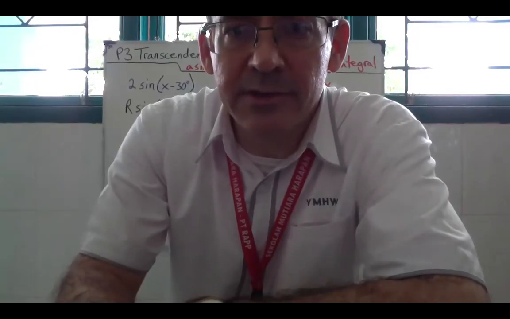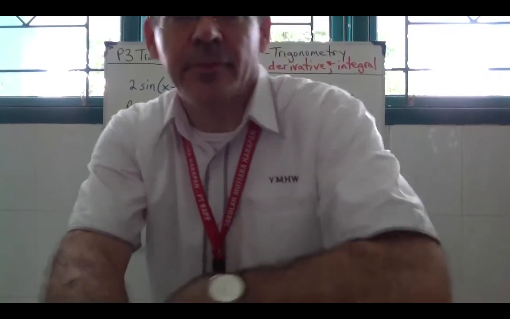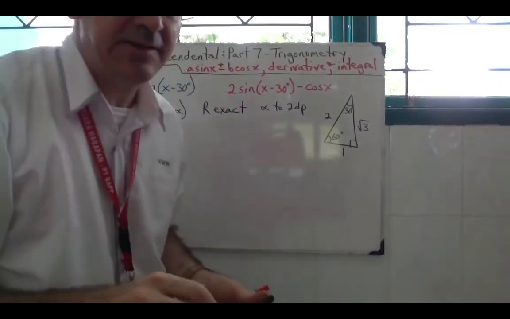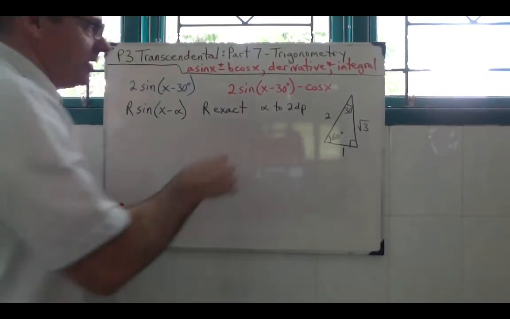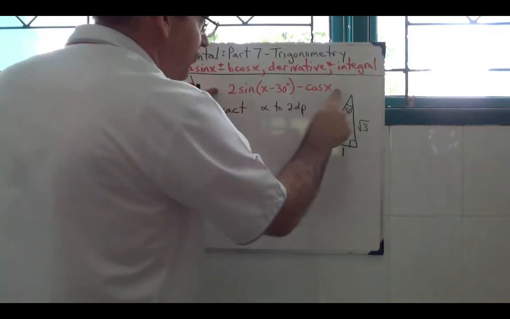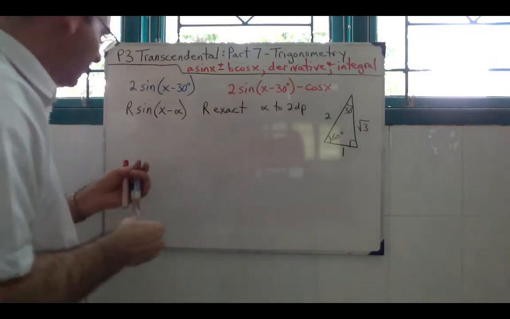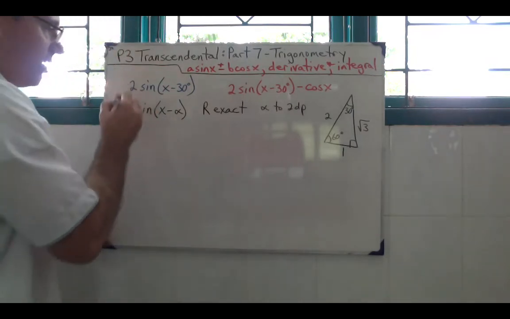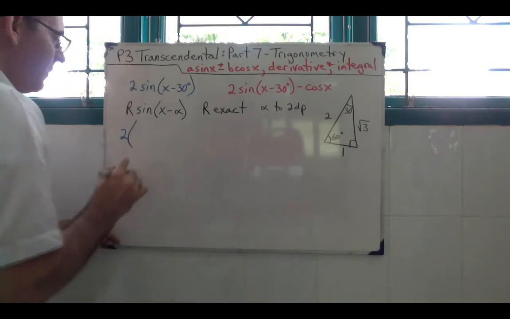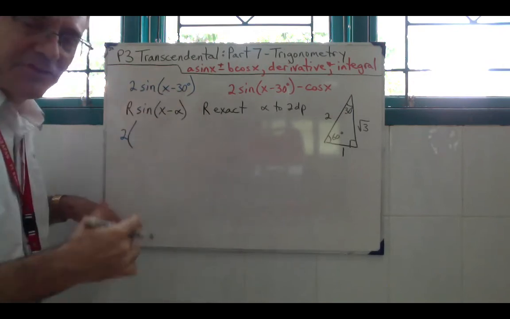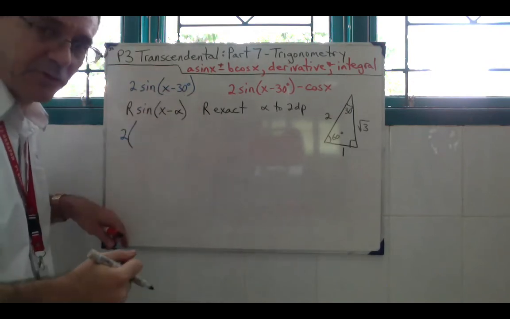Okay, so again, we have a little twist. We need to first use an identity. So here is the full form, but we need to expand this part first. When we expand that, we have this 2 in the front, and then we have the difference identity, which is in your formula sheet.